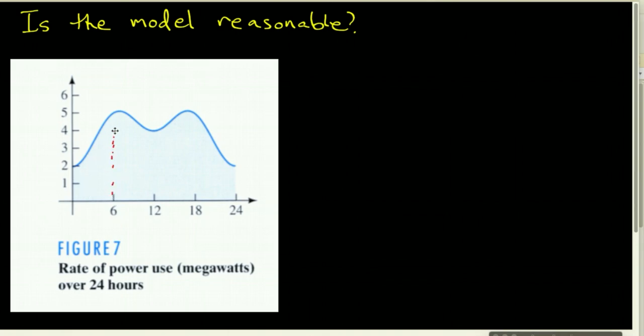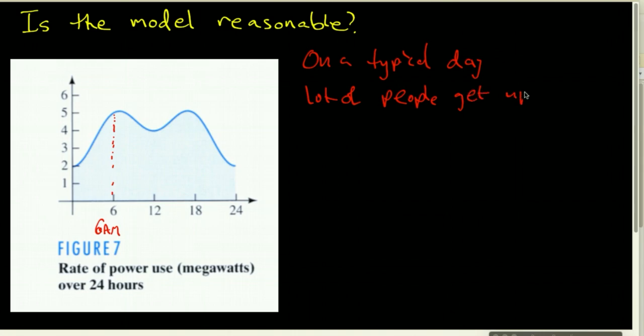That first peak is happening at 6 a.m. On a typical workday, lots of people get up around 6 to 7 a.m. You'll notice that this is probably starting around 5 a.m. because the early birds are getting up then, and it's tapering off by around 6 or 7 or 8.